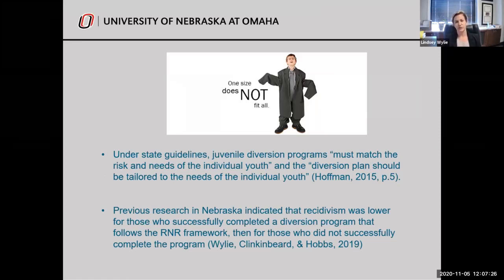We conducted a study here in Nebraska with one diversion program that does follow the risk needs responsivity framework, and we found that youth who were successful in that program were less likely to have recidivism upon successful completion of that program.